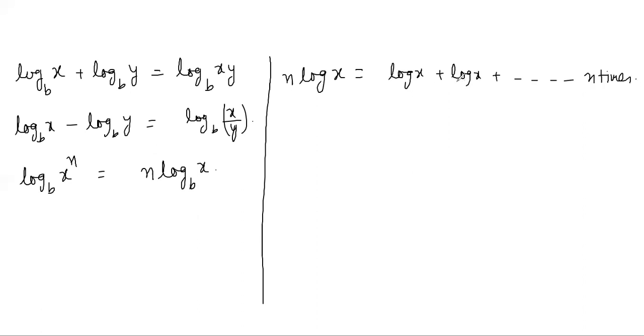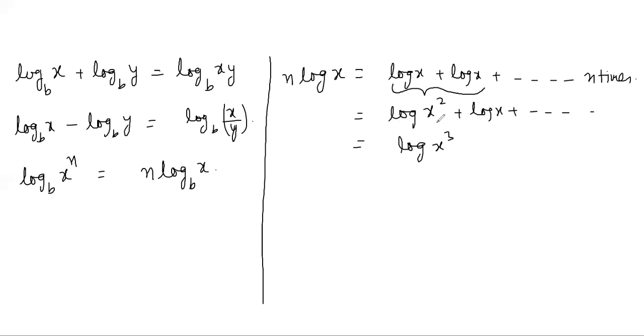If you combine these two log x, it will become log of x square plus log x. Then if you combine this log of x square with this log of x, it will become log of x cube. Then again there will be another log of x. How I combined this log x and log x, I have used the first formula directly.